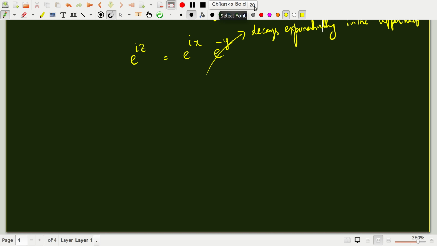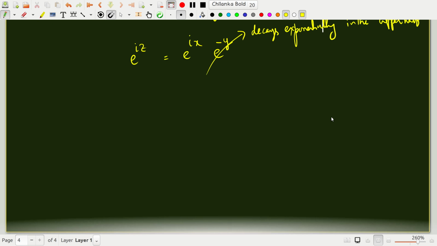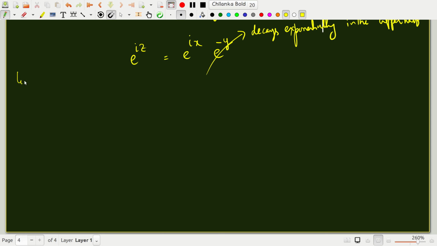So what we are trying to do, therefore, is, now there's one small piece of information that I forgot. The radius of this small semicircle is small r, so we are going to take the limit as capital R goes to infinity and small r goes to 0.